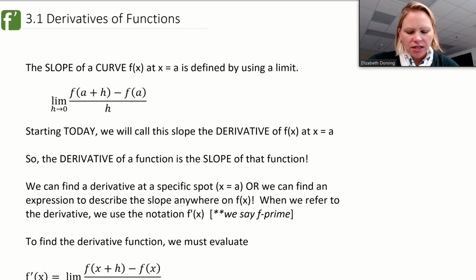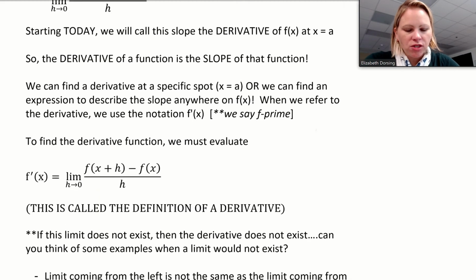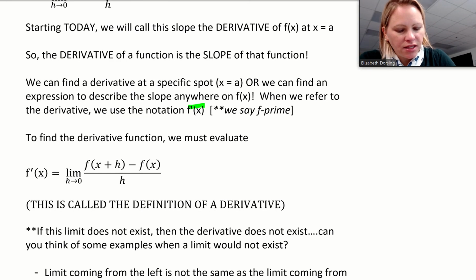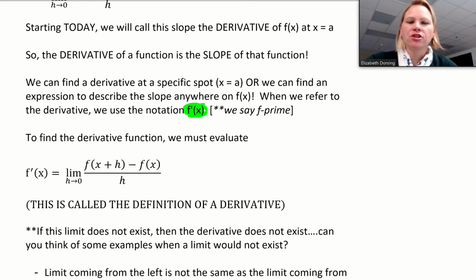So let's talk a little bit about some of our notation. When we refer to the derivative, we use this notation f prime, and that's what this is right here, just a little apostrophe up there. F prime of x is the notation and the wording that we use when we describe the derivative. So to find the expression, instead of having a plus h, we just use x plus h.